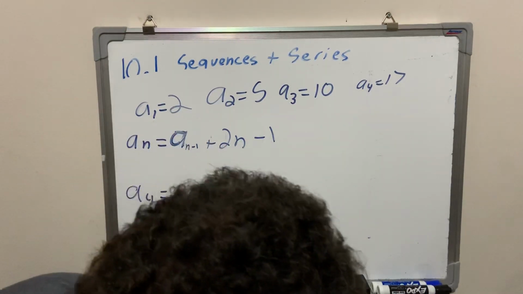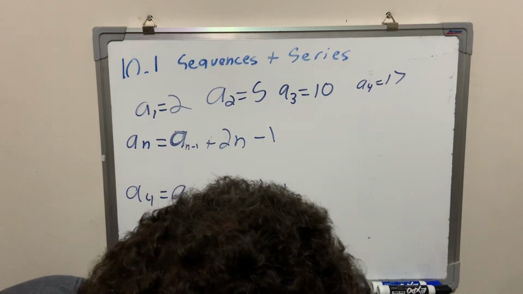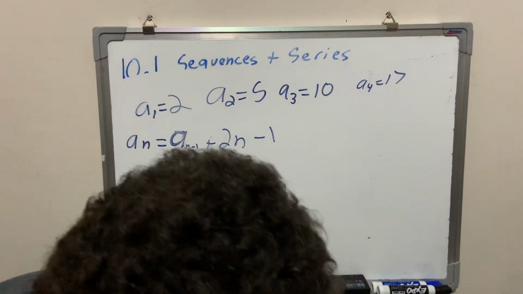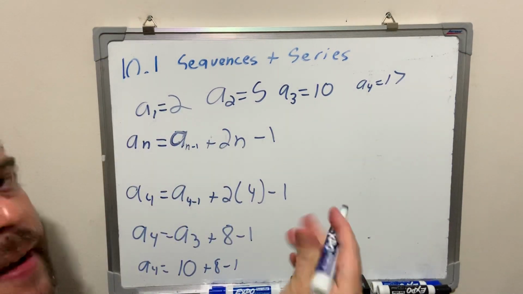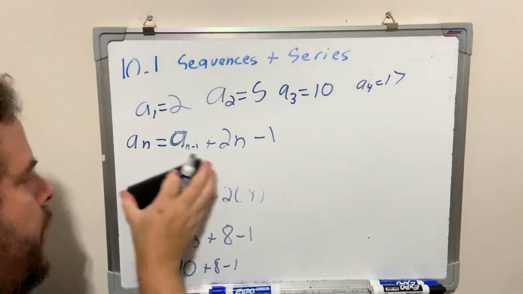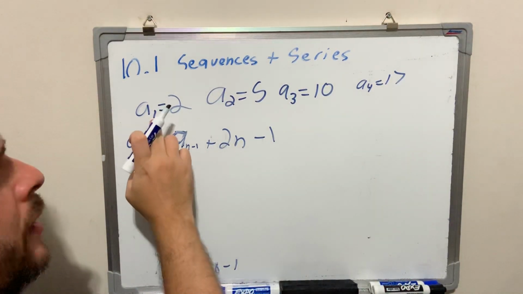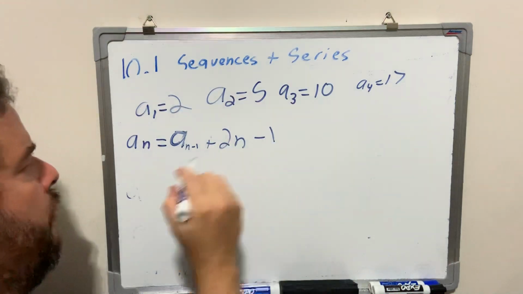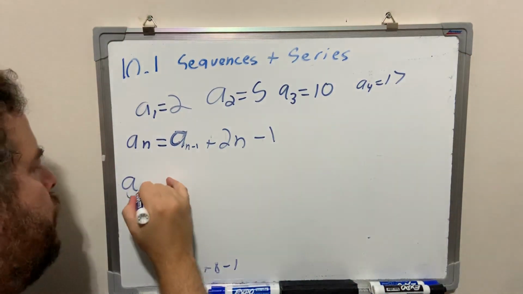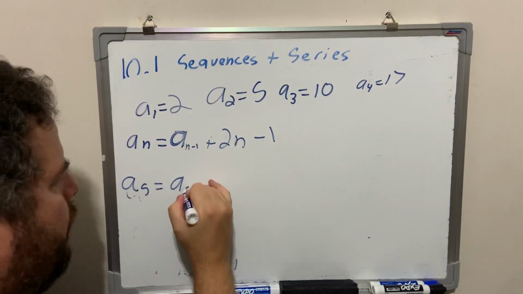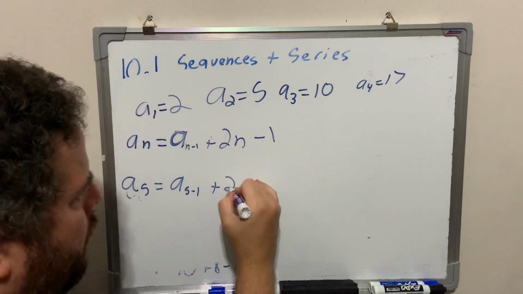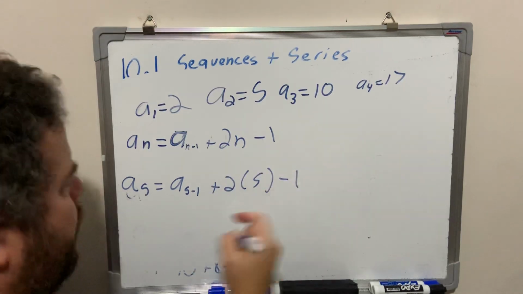The second term is 5. The third term is 10, 17. And they're also asking me to find the fifth term. I just forgot how many terms they needed. They gave me the first one and they said find the following 4. So the fifth term, 5 minus 1 plus 2 times 5 minus 1.